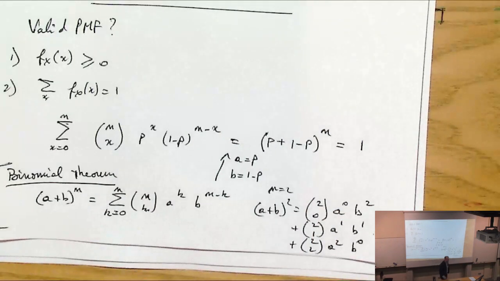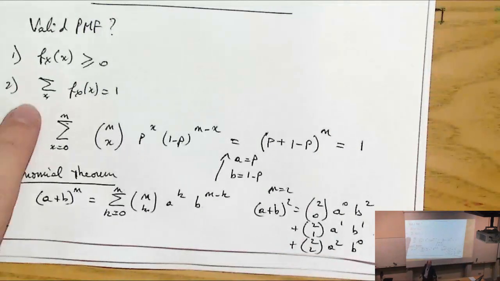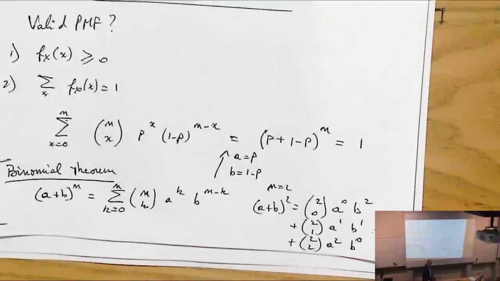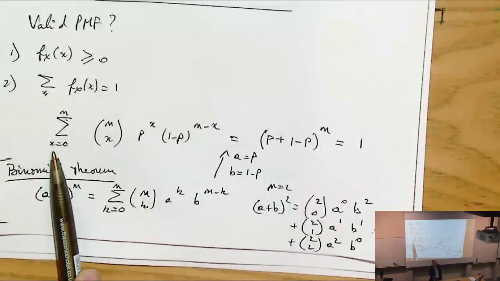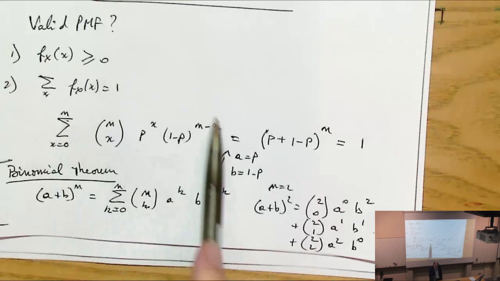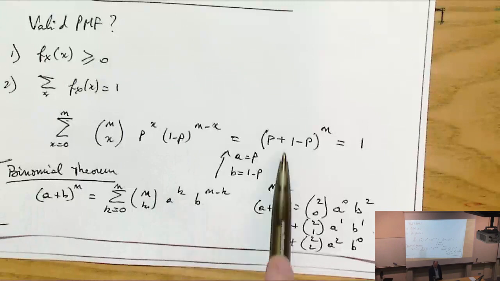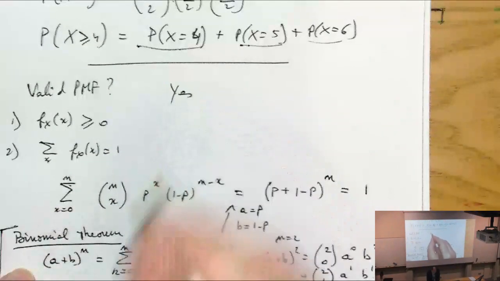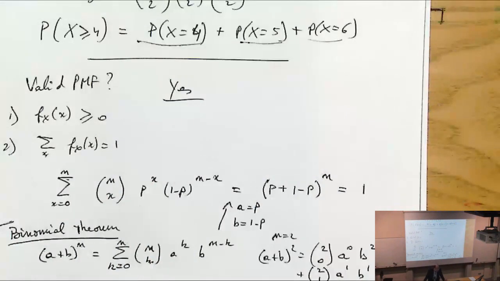So what I'm saying is the sum over all the range of this random variable should be equal to 1; this is the property of my probability mass function. I'm summing over x, the number of successes I have in n trials, from 0 all the way to n. I sum this probability mass function, and I use the binomial theorem to show that indeed this is equal to 1. So is that a valid probability mass function? Yes, it's valid. Otherwise, little chance we would be looking at this.